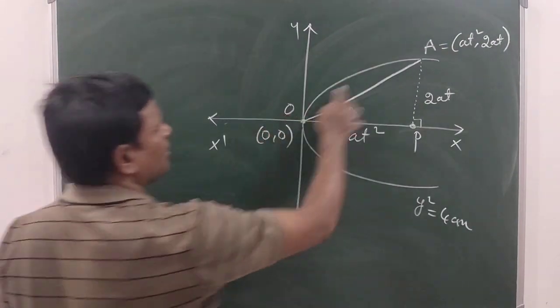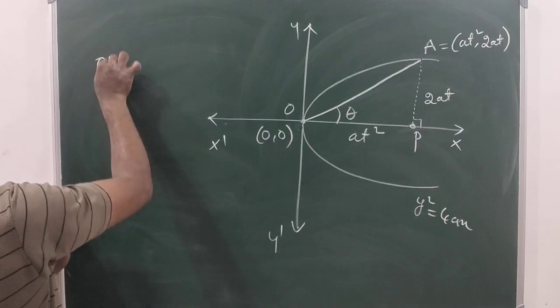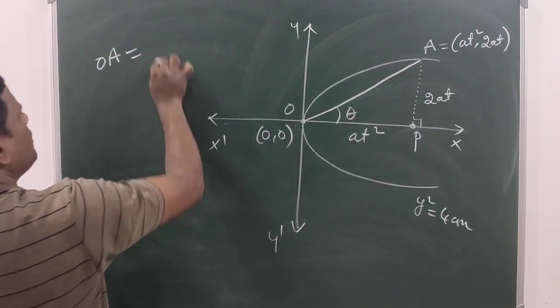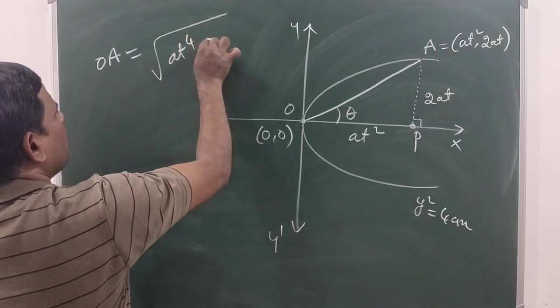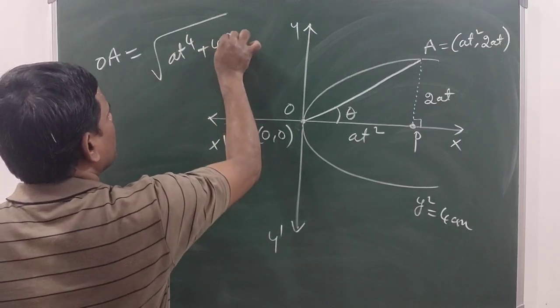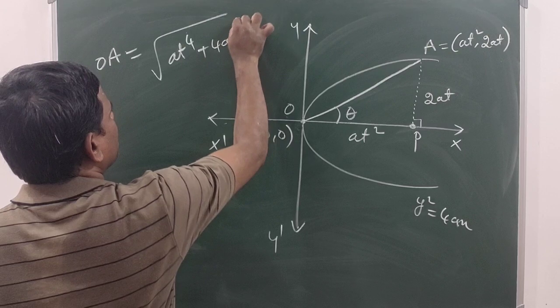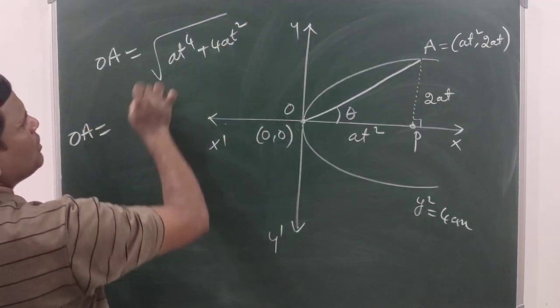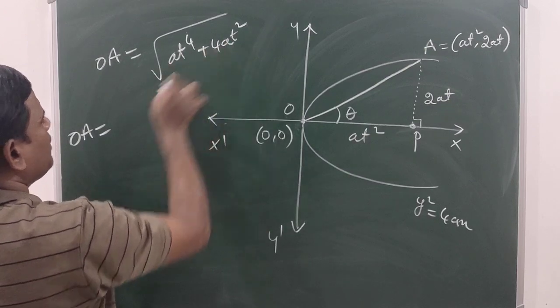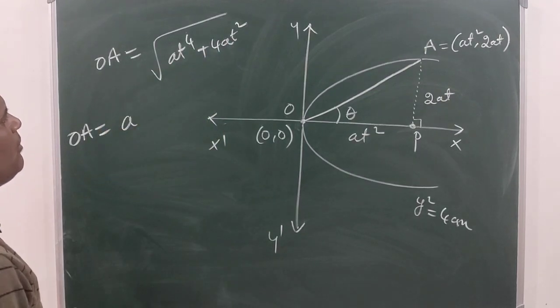Now actually what we want? The distance from O to A. O to A is how much? So square root of a square t power 4 plus 4a square t square. Now from both, what do you take common?